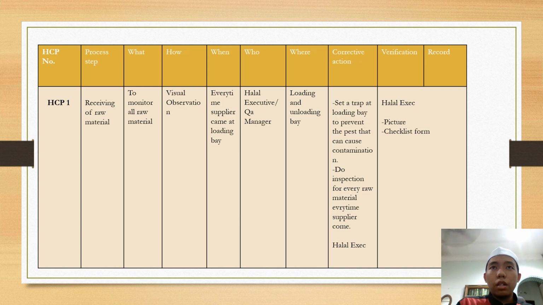After the halal executive monitors the receiving of raw material process area, he needs to do the corrective action, such as set a trap at the loading bay to prevent pests that can cause contamination. Second, do inspection for every raw material every time supply comes.